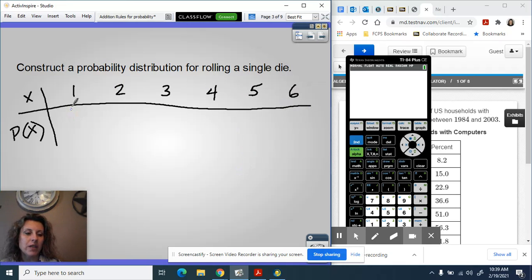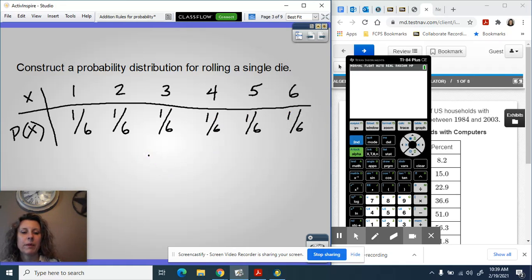And then the probability of rolling a 1, there's just a single 1 on a die out of 6 possible outcomes. That probability would stay consistent throughout this entire distribution because there is only one 2 on the die, there's one 3 on the die, so on and so forth. So it is a constant probability distribution.